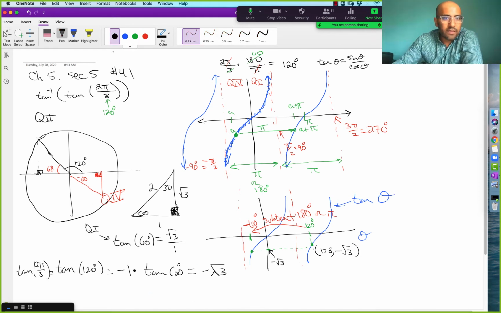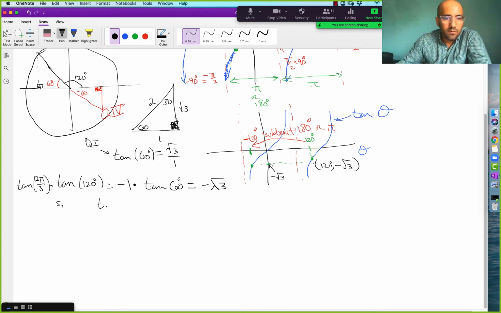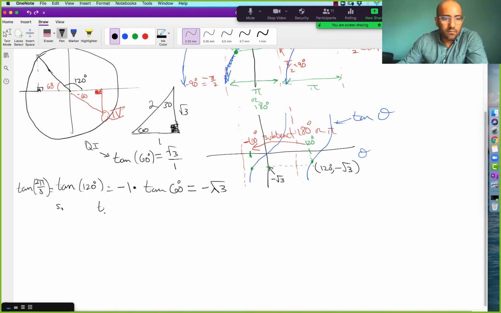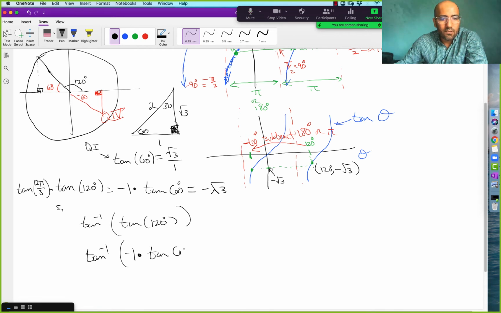So here, let me put it all together then. So we have tangent inverse. Let me zoom out. Tangent inverse of tangent of 120 degrees. I'll do it in degrees first. Okay, this is tangent inverse of negative 1 times tangent of 60 degrees.